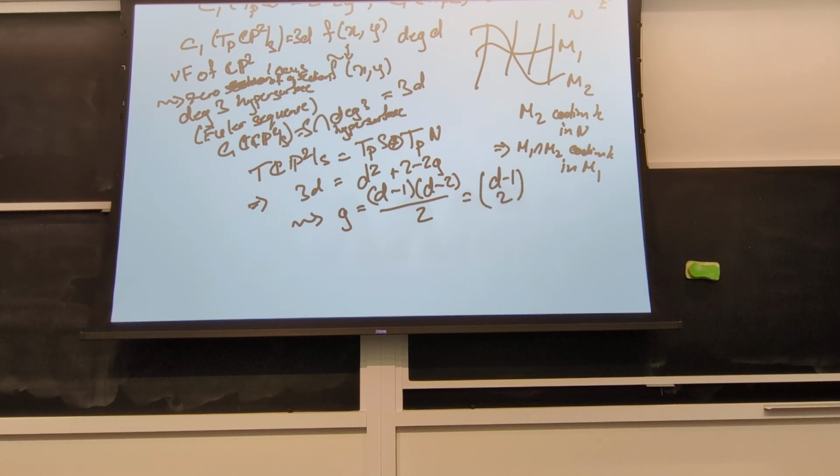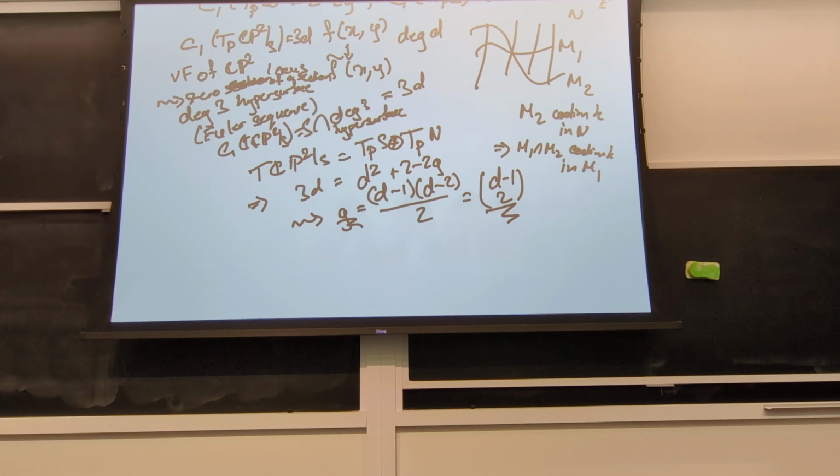So the degree of the polynomial that defines a non-singular curve determines its genus g, which is kind of interesting. And we got this through roughly an intersection type argument.